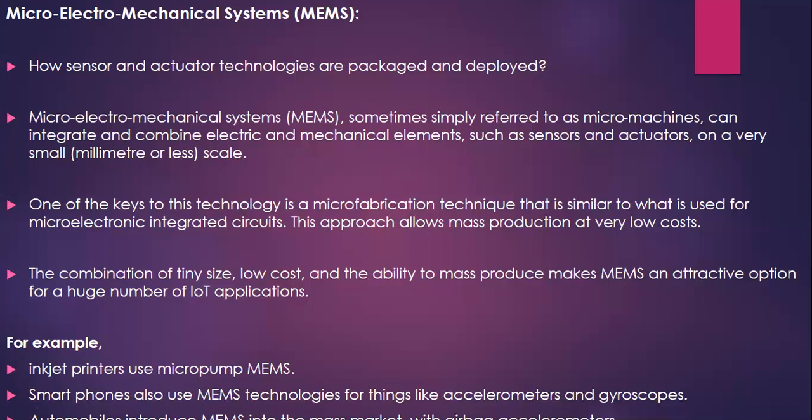We'll be discussing some examples of where we are utilizing this technology. An inkjet printer uses a micro pump MEMS. The micro pump for injecting the ink for the printer is built over MEMS technology. Smartphones also use MEMS technology for things like accelerometer and gyroscope.